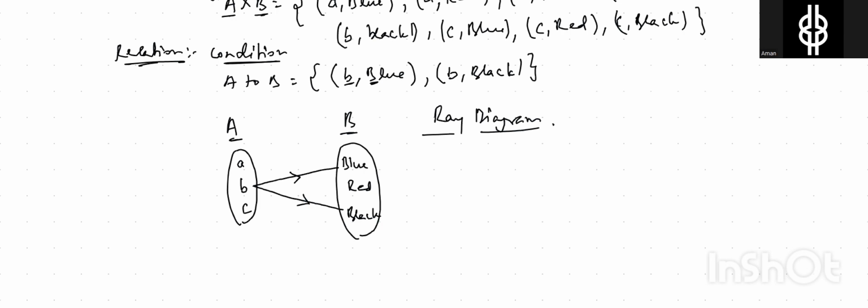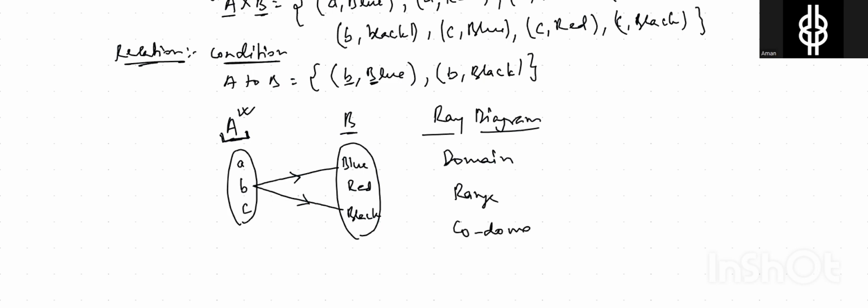Again, C is not having any relation here. So what is the important thing we need to focus on? The new terms which I'm going to write here are the domain, the range, and the third thing, codomain.